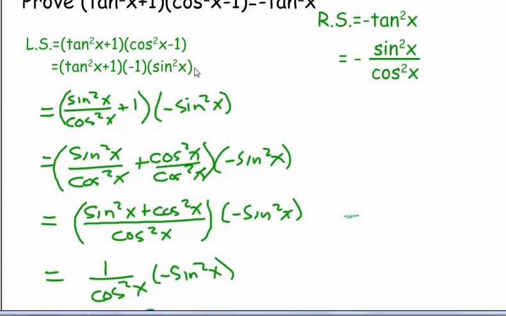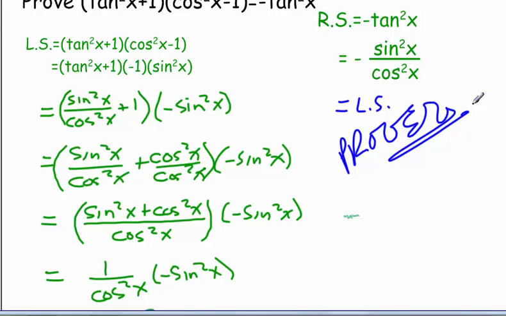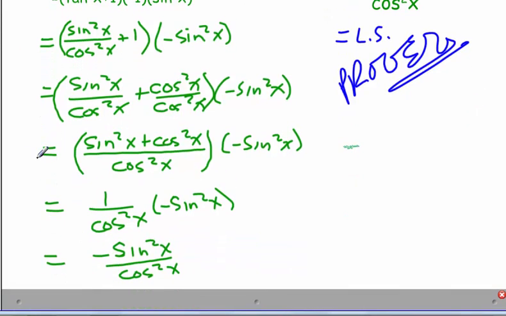Is the same as that. And so one more time, that's equal to the left side. And so proven.